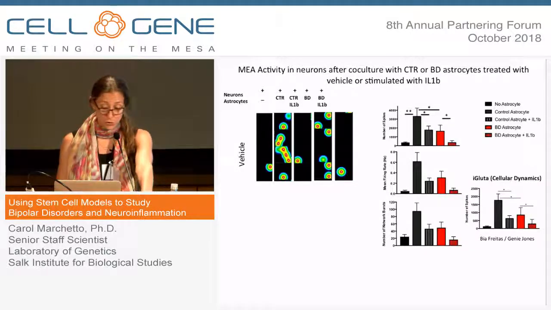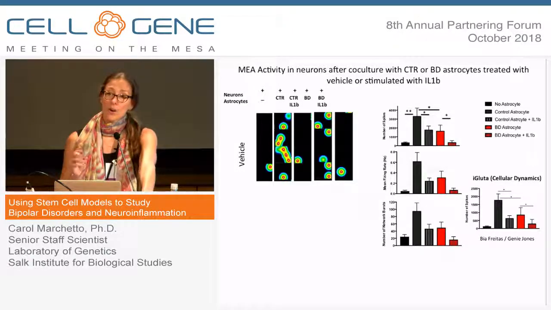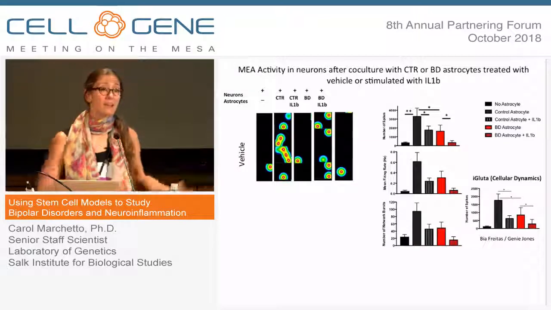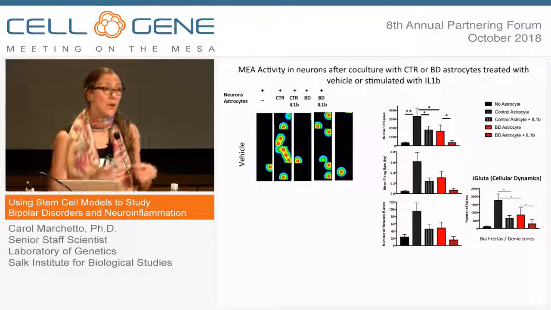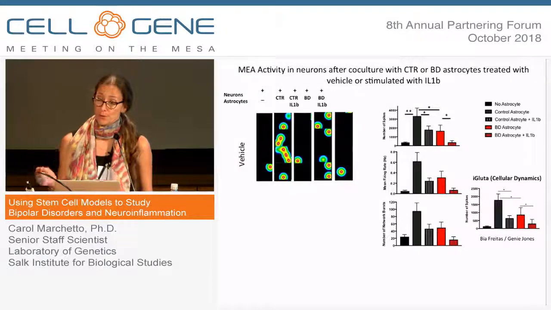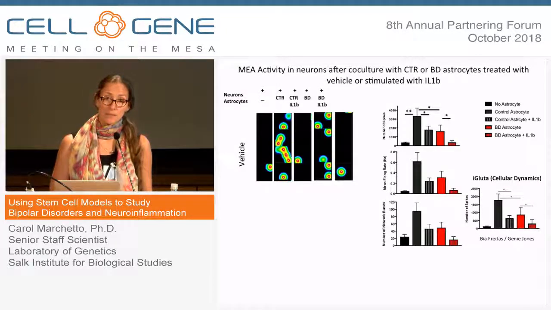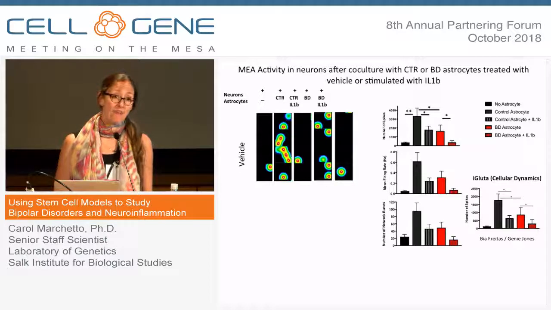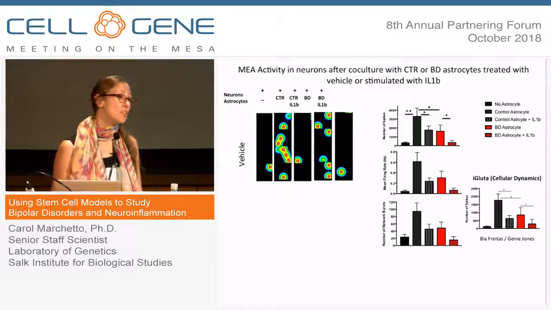Another control we did here, in collaboration with Ginny Jones and Bia Freitas at Cellular Dynamics, now Fujifilm, is this: our neuronal cells are differentiated from a neuroprogenitor population that can carry over some astrocytes during the differentiation. We wanted to use a pure population of neurons. And at CDI, they have pure populations of glutamatergic neurons.